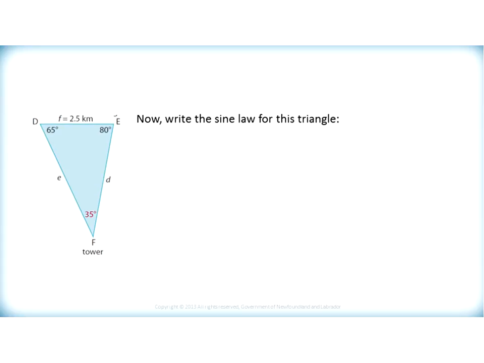Now we write the sine law for this triangle. We know angle F is 35 degrees. We have the opposite side to the 35-degree angle right here. So we have an angle and its opposite side. We're looking for E, so we're going to use angle E as well.